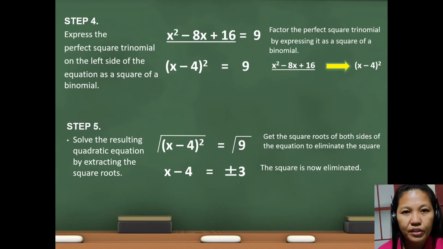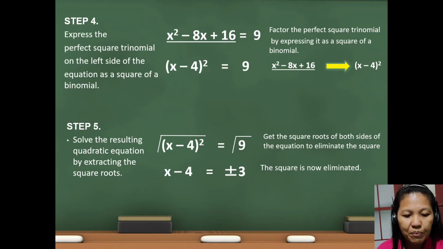Okay, for step 4, let's express the perfect square trinomial x squared minus 8x plus 16 on the left side of this equation as a square of a binomial. Let's factor the perfect square trinomial with the answer (x minus 4) quantity squared.